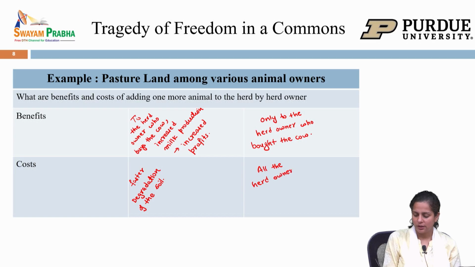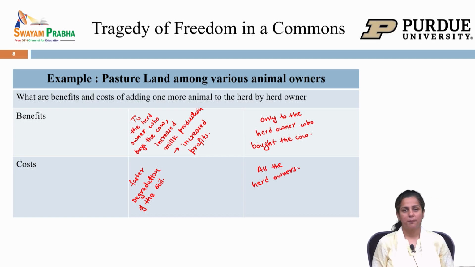Of course, now you see that in this scenario, everyone can decide, let me also add more to my herd, and then everyone can do that, and it creates an overpopulation of cows grazing on the same pasture land. It can completely destroy the pasture land through soil degradation and no regrowth of the grasses, and eventually everyone loses that pasture land.